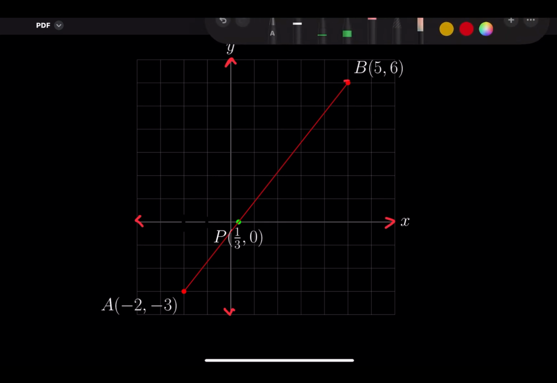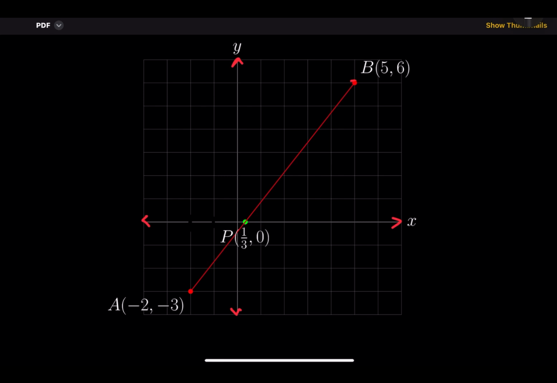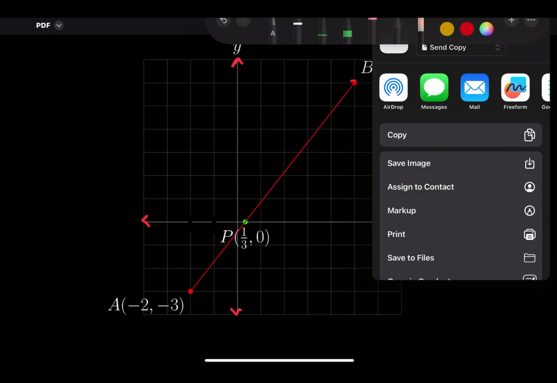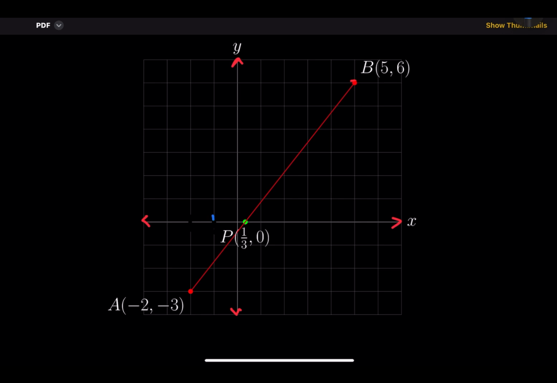Sorry for the disturbance. So -2 on the x-axis, -3 on the y-axis, this is my point (-2, -3).